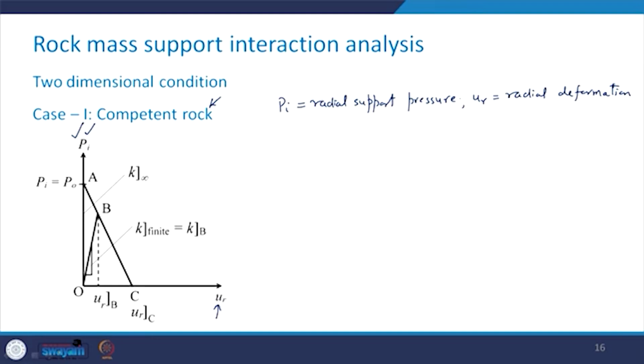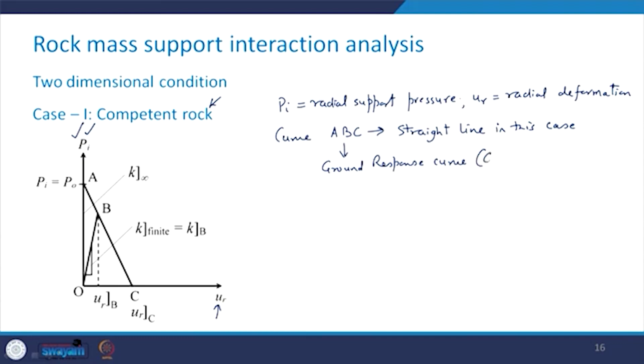This curve A, B, C, in this case of the competent rock, is a straight line. This is called the ground response curve, and in short we call it GRC.